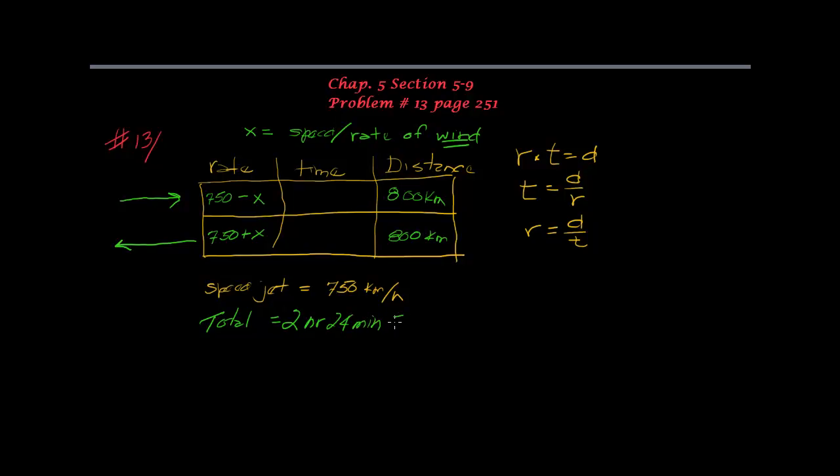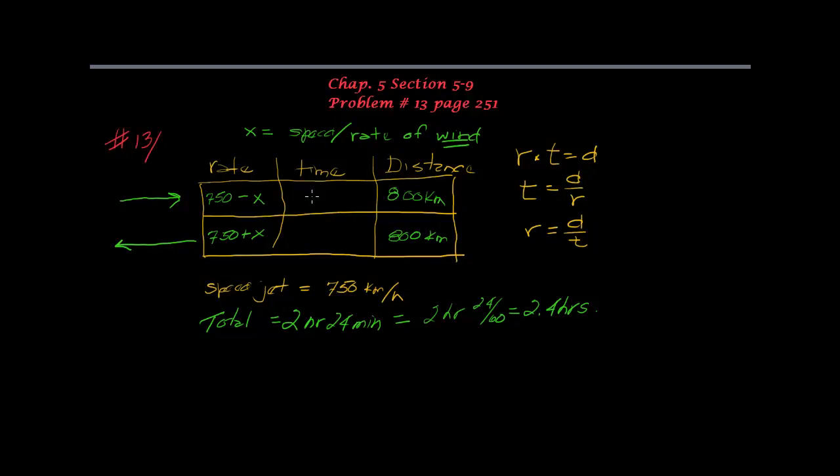I'm going to convert this immediately. Since the rate is in kilometers per hour, I'm going to convert 2 hours and 24 minutes to hours. So this is 2 hours and 24 over 60 minutes, which is 2.4 hours. So the total time that this is going on is 2.4 hours, up and back.